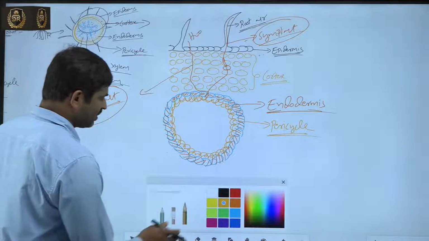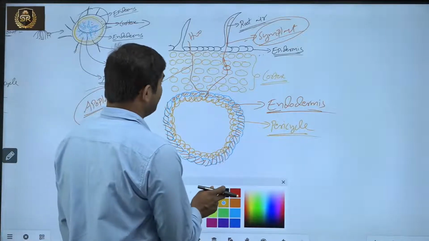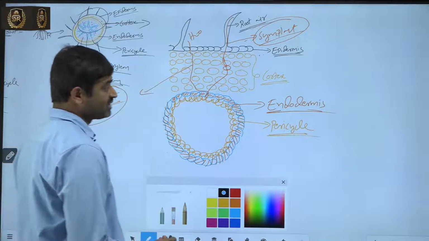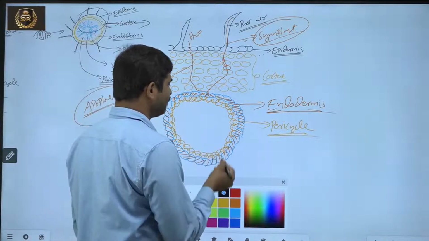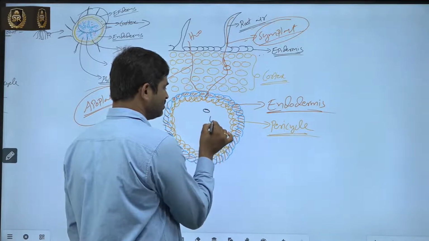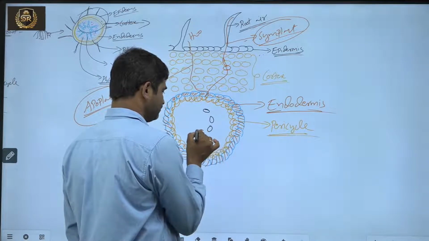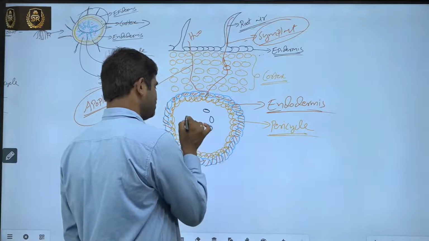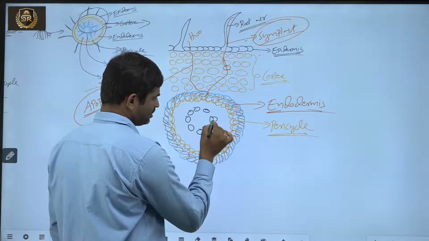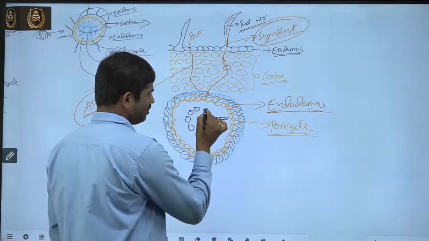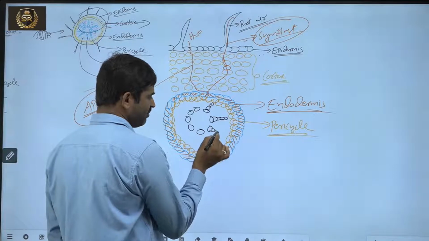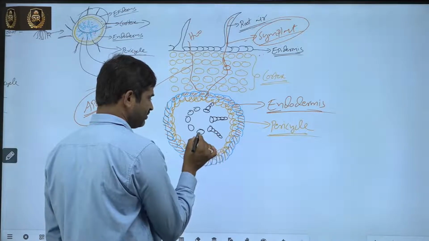Next part is called the vascular bundle. Radial vascular bundle is present. Xylem and phloem are arranged in an alternate manner. In xylem, protoxylem is present outside and metaxylem is present inside.